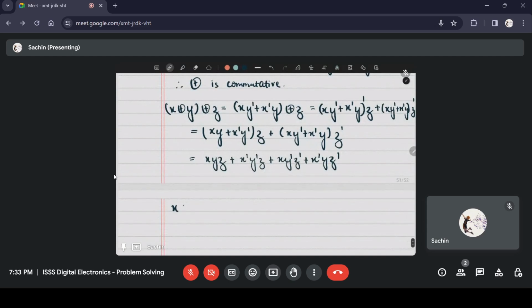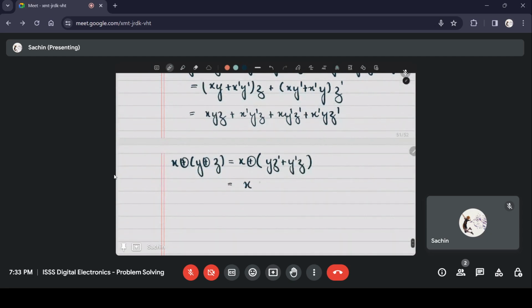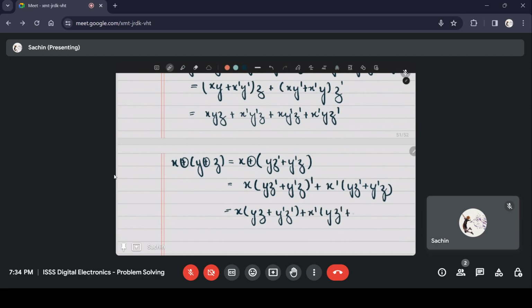Now if we do the operation the other way, by doing XOR on y and z first, it's x XOR (yz prime plus y prime z), which is nothing but, and we'll use the distributive law to expand this, and we'll rearrange the terms.